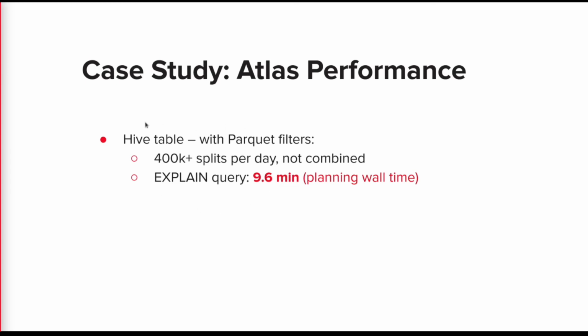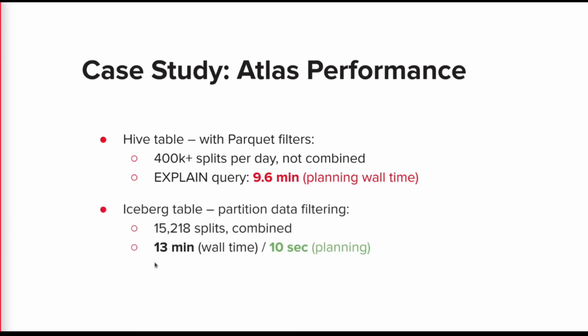Okay, that's with Hive. Now let's see what happens when we switch over to Iceberg. Using an Iceberg table with just partition data filtering, so none of that min-max filtering I was talking about before, it would just identify the relevant partitions, drop everything else, and that's it. Just using partition filtering, you went down to 15,218 splits total. Potential things we might need to scan, 15,218 splits.